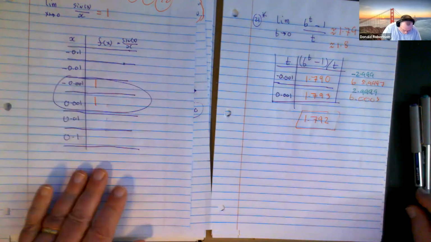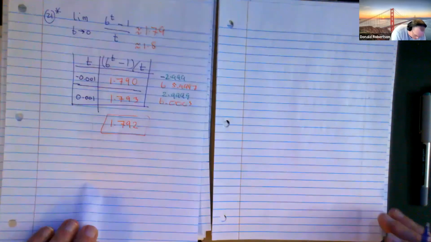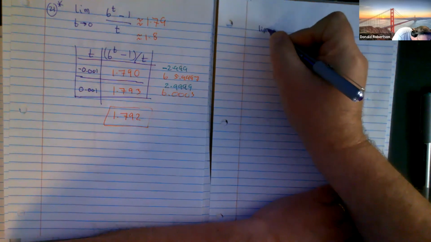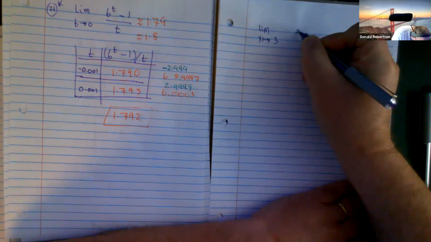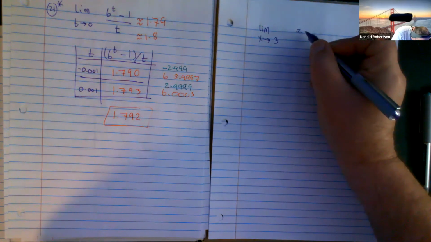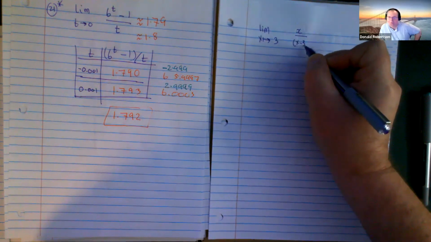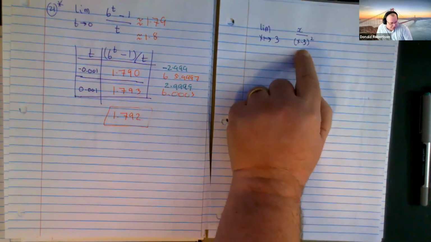Now, some limits can be infinite. So let me show you one. Let's suppose I want to know the limit as x tends to 3. From your 141 days, you recognize there's going to be a vertical asymptote at 3.